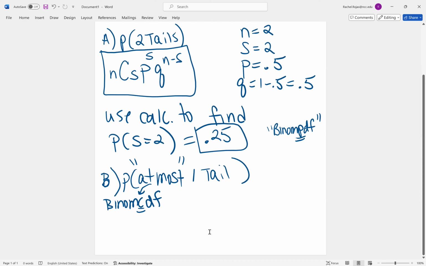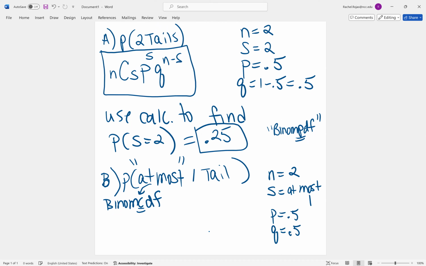N is still 2 because we're tossing the coin twice. But now S is going to stand for at most, right? How many successes? This is going to be at most 1. So we're going to use 1 for that value. And then P is still equal to 0.5 and Q is still equal to 0.5.